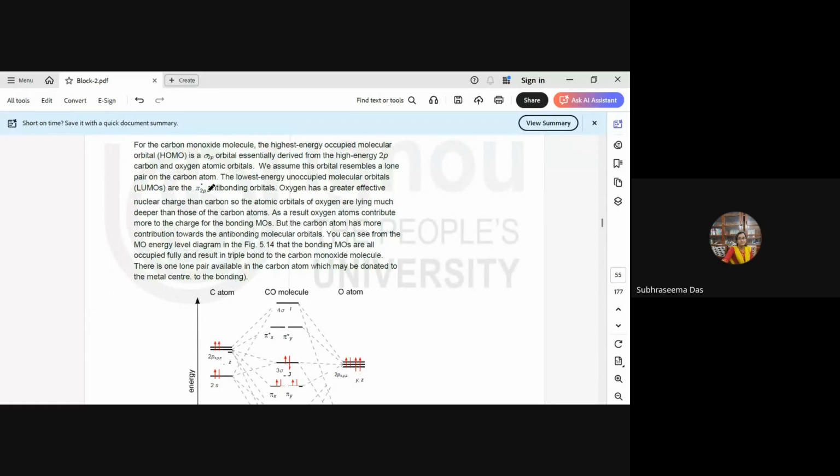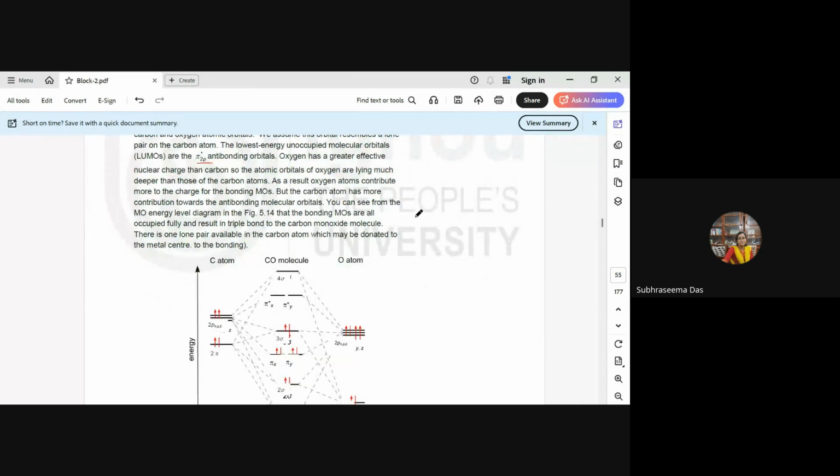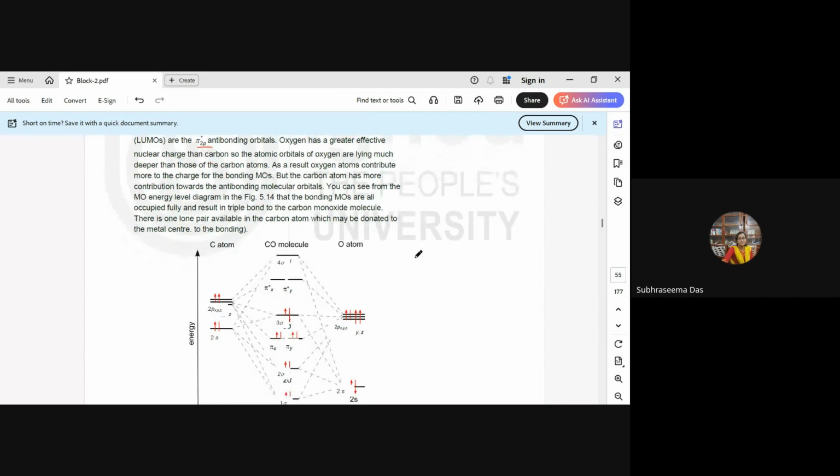The HOMO for this CO molecule is the sigma 2p, and the LUMO, that is the lowest energy unoccupied molecular orbital, is the pi 2p star. Oxygen, we know, has a greater effective nuclear charge, so we are talking about the electronegativity and the effective nuclear charge, and that is why the atomic orbitals of oxygen have been placed below those of carbon. So this is how we can see that.